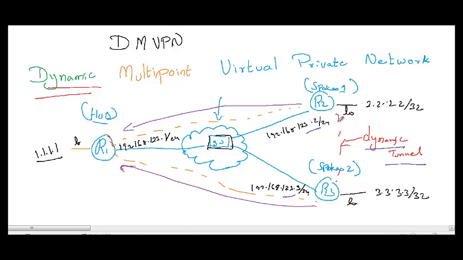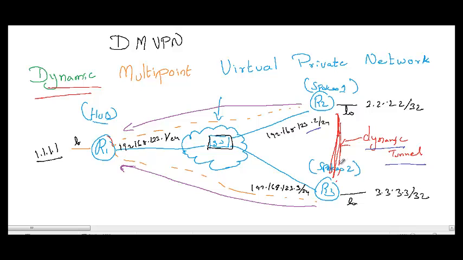This red line is the dynamically formed tunnel, and they can talk directly once the tunnel is established. But this tunnel is established without you configuring anything about R3 on R2, or anything about R2 on R3.